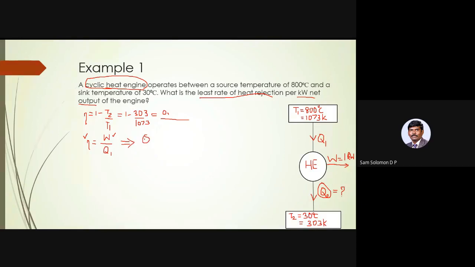Q1 is equal to W divided by the value of my efficiency. W here is 1 kilowatt. Let me convert it to watt. So 1000 divided by the efficiency will give me some answer in watt. You can first write it in watts and then convert it to kilowatt.